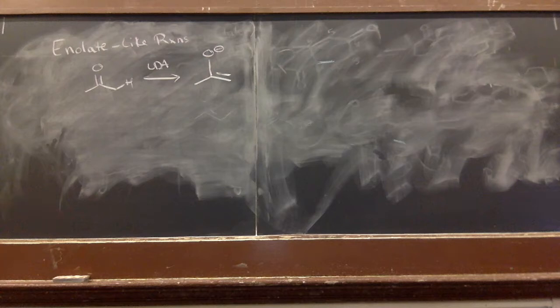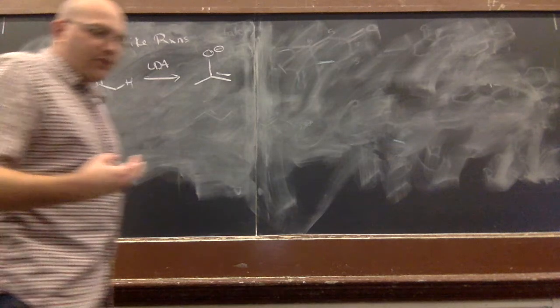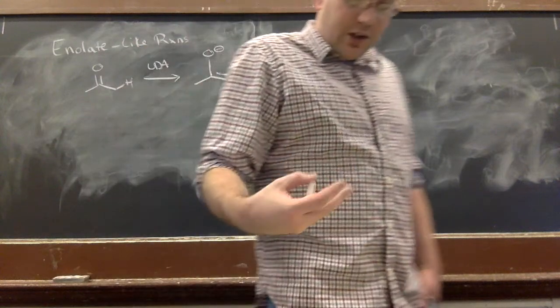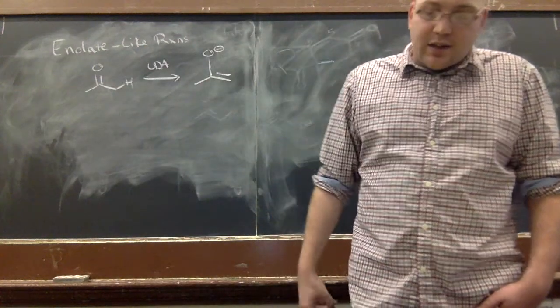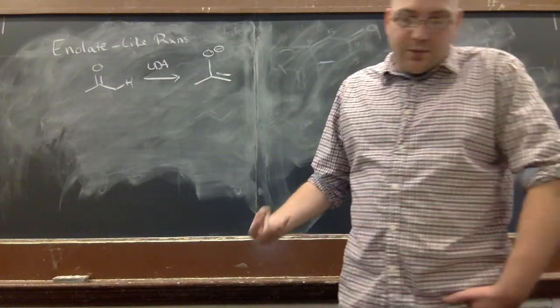So, to start to think about what are some other structures that I might be able to use that would have similar characteristics, you might be able to predict these.